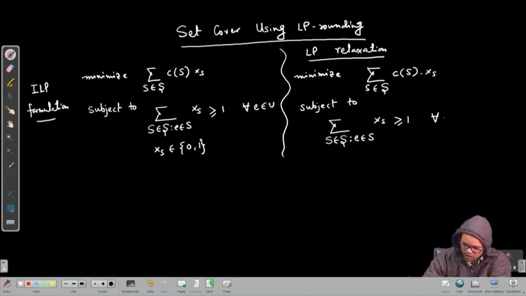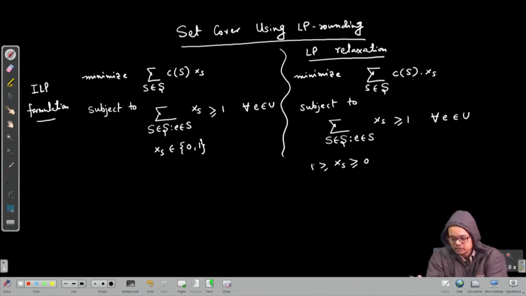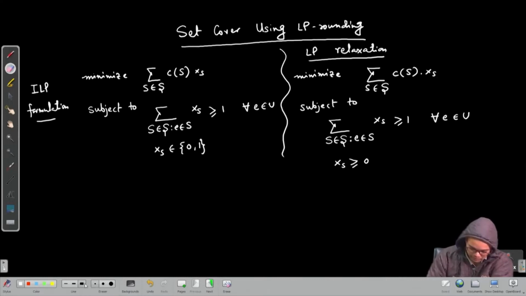This is for all E in U. And I relax this integrality constraint of X_S and allow it to take values greater than or equal to 0, less than or equal to 1. But because we are minimizing, and the requirement is to pick one set to cover each element, we can safely delete this constraint.